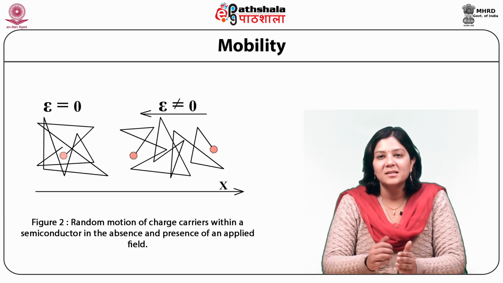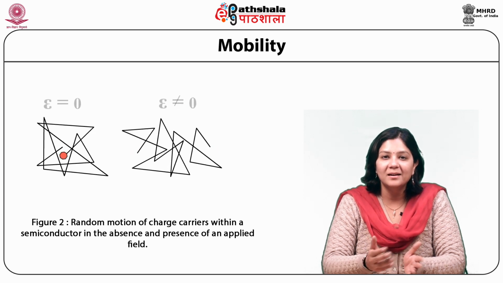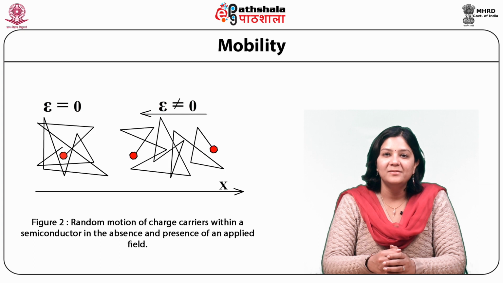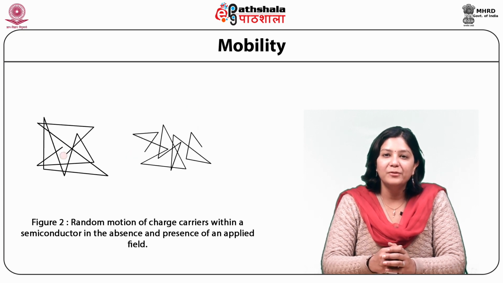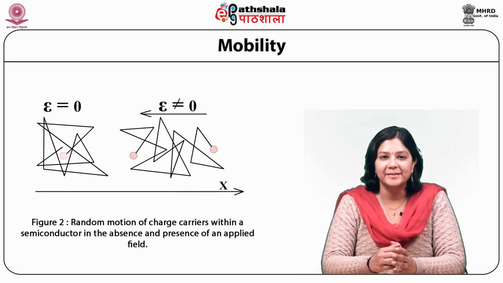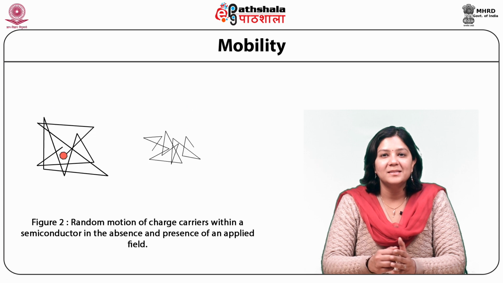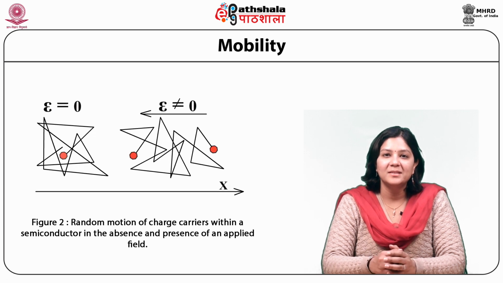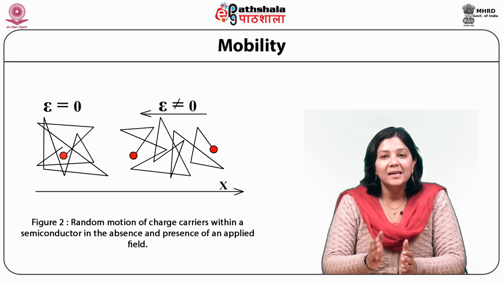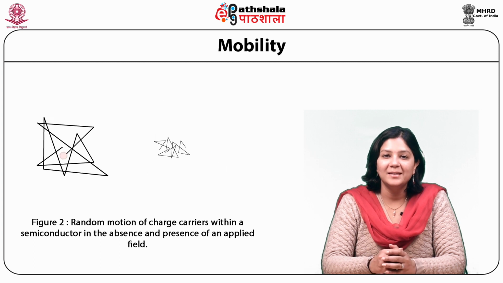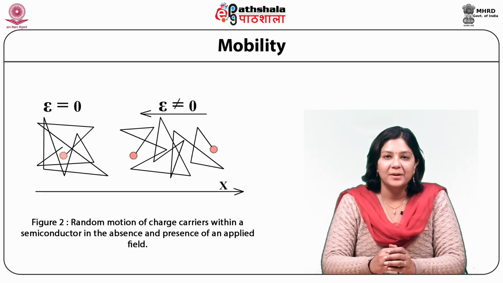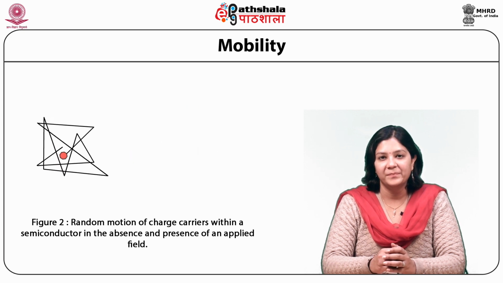This motion of charge carriers can even occur when no external field is applied, under the influence of room temperature thermal energy. In the case of a non-degenerate and non-relativistic electron gas, each electron has an associated kT by 2 thermal energy for each degree of freedom.